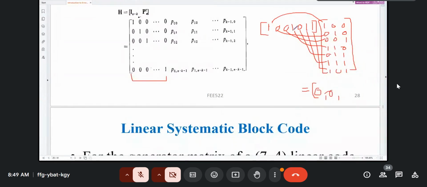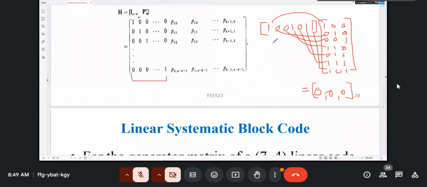Now this is 0 plus 0 plus 0 plus 0 plus 0 plus 1 plus 1, so 1 plus 1 is 0.